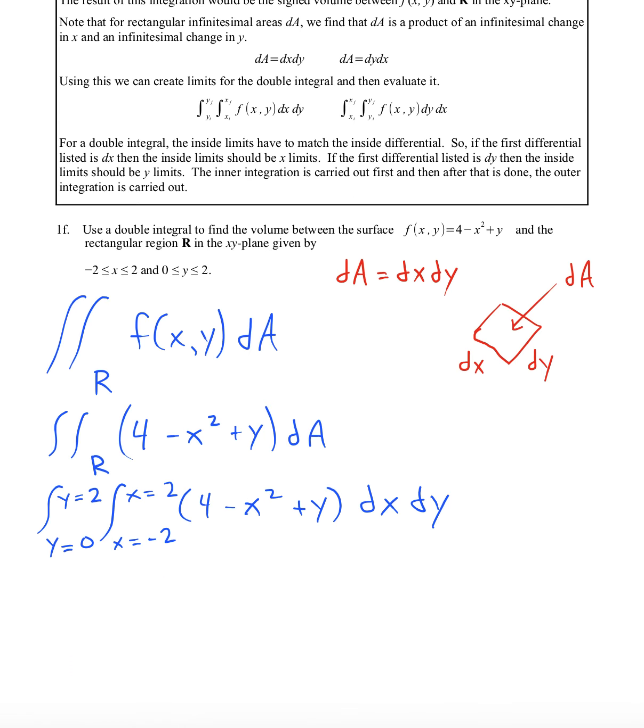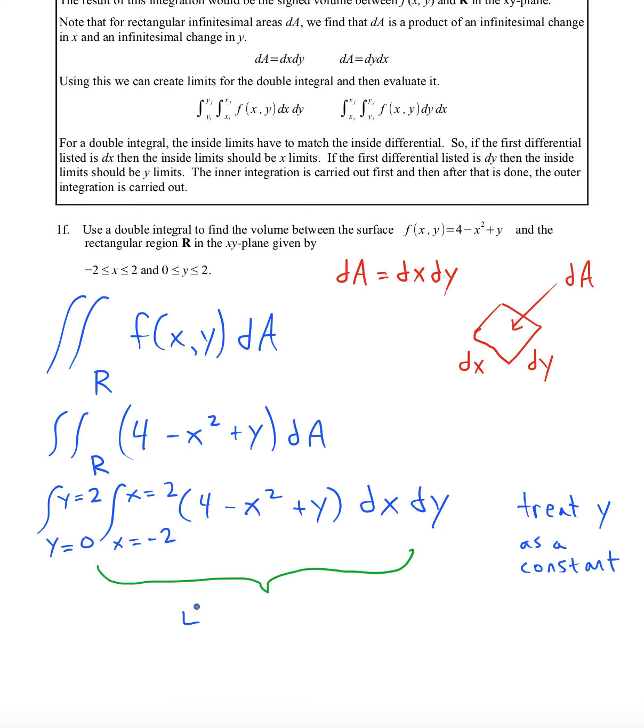All right, so our next step is to actually carry out the integration. But we first want to do it on the inner integral. They're like parentheses, and we've got to do this one first. And when we do it, we will treat y as a constant and just focus on x.